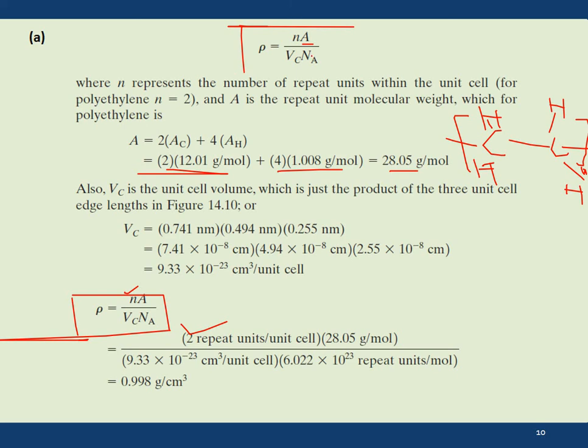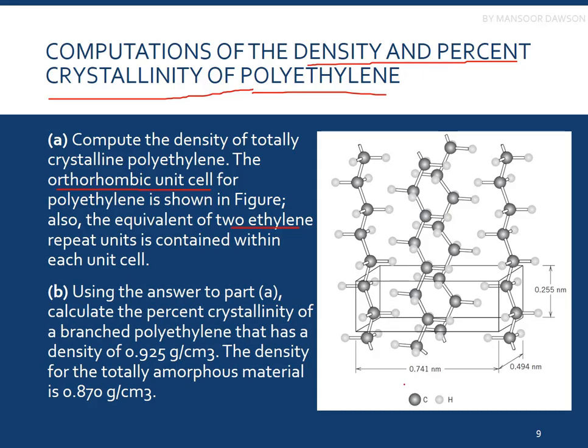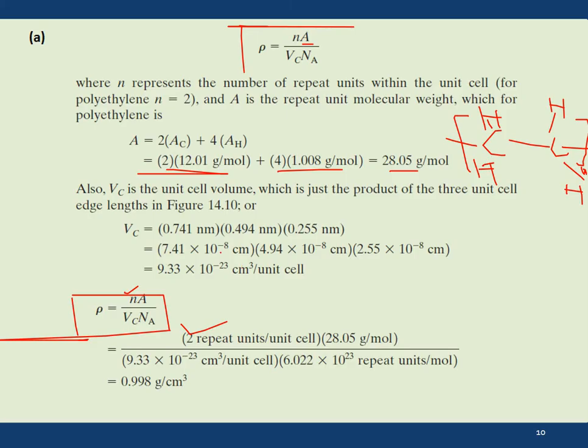Now for volume, we'll be multiplying all these sides. Note that sides are in nanometers, and we'll be taking the volume in centimeters, so we'll be using 10 power minus 8, converting the nano into centimeters. We'll be multiplying all the sides to get the volume.